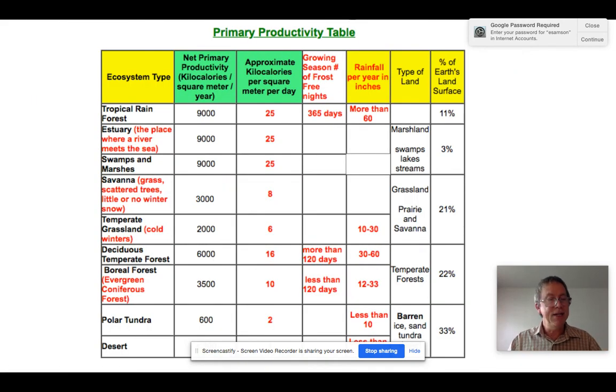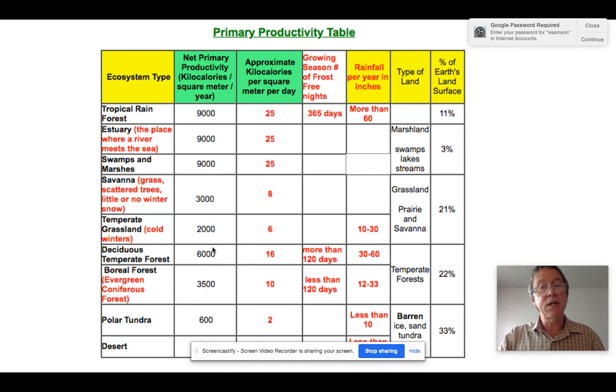Okay, and the last thing here is that this is a list of primary productivity. Remember, just think of primary productivity as how much of the sunlight that lands in the area can be captured by plants. And so if you look here, tropical rainforests have a lot. Okay, we'll talk about these aquatic ones later, but you see Savanna, Temperate Grasslands, you're getting less.